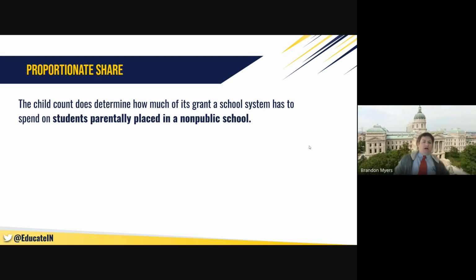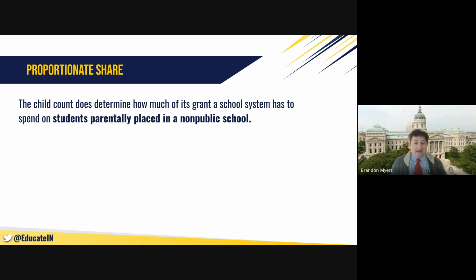And we're also doing for this one proportionate share. So this is important if any of you watching have children with disabilities that you're either homeschooling or are in a non-public school, private school. At the federal level, we have to specifically account for the money spent on these children as a portion of the total amount.